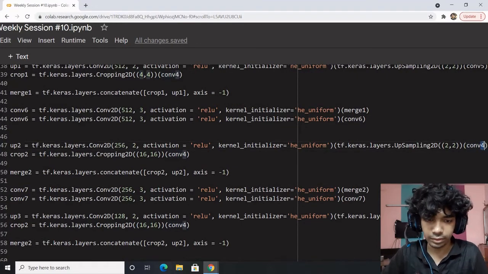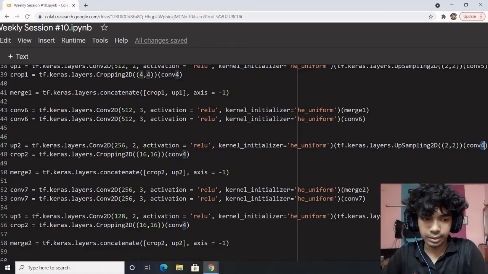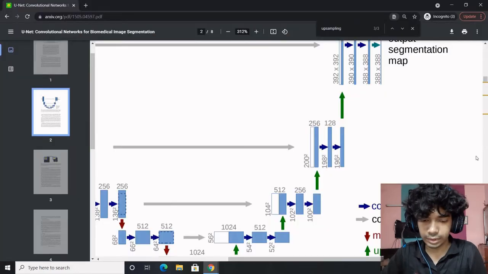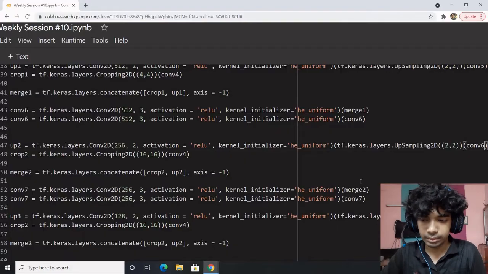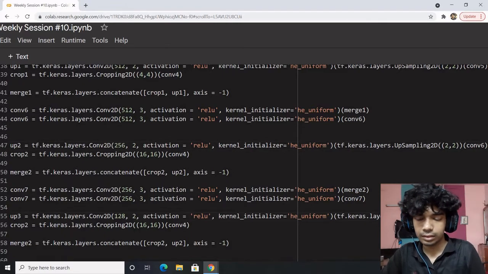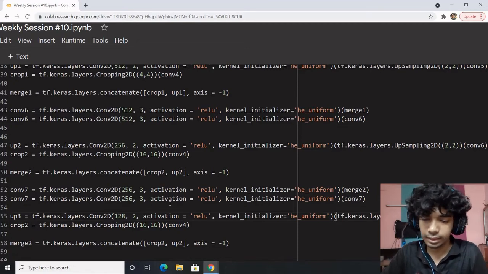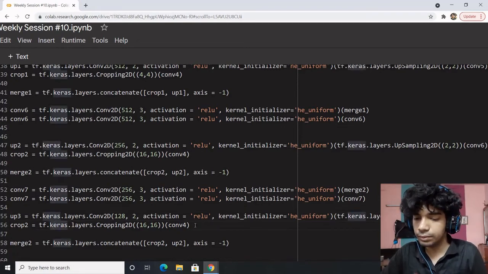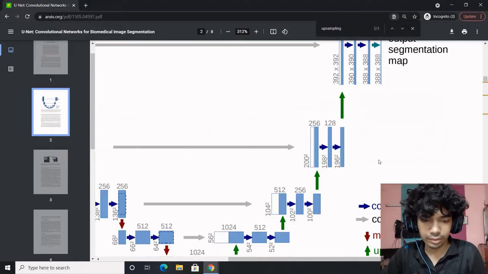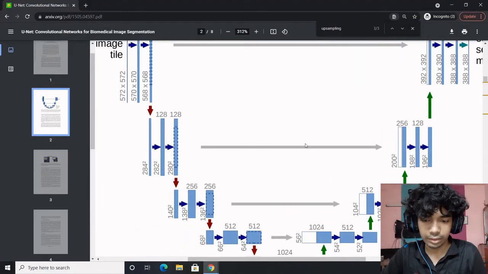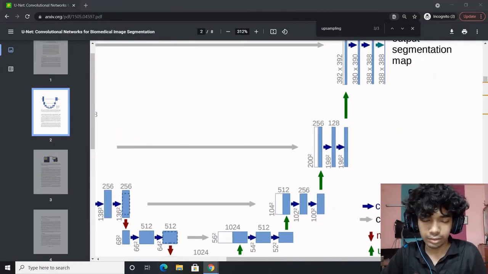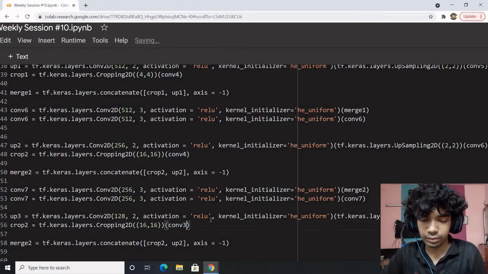How did I do this wrong? Upsampling would happen on convolution 6. Here upsampling would happen on convolution 7. And the cropping would happen on convolution 3.